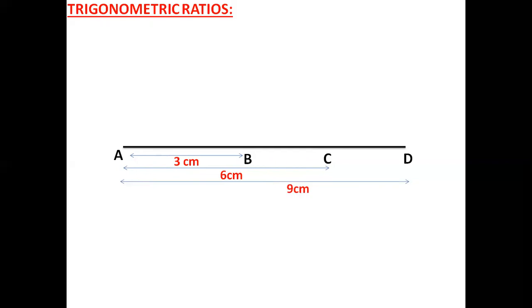Now you draw a perpendicular line at B, which is BP, perpendicular to the horizontal line. Here the length of BP is 4 centimeters. Again, you draw the perpendicular line at C, that is CQ, which is perpendicular to the horizontal line.